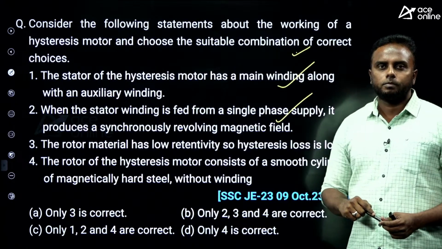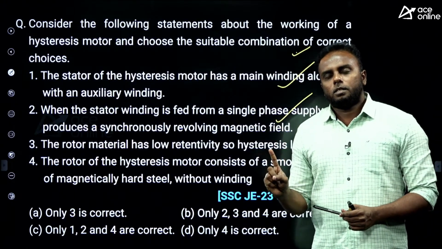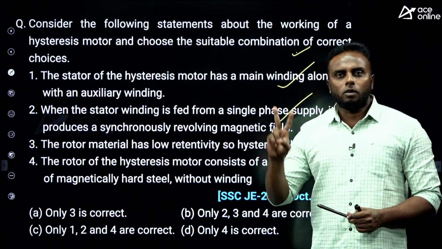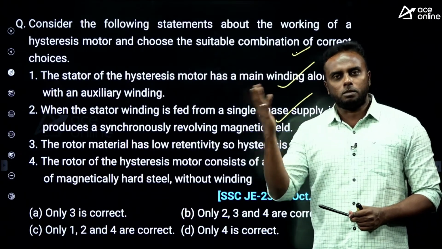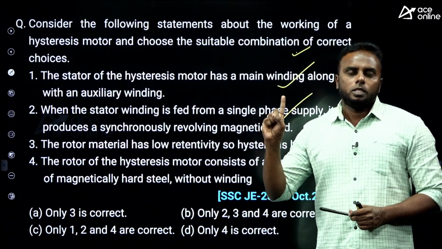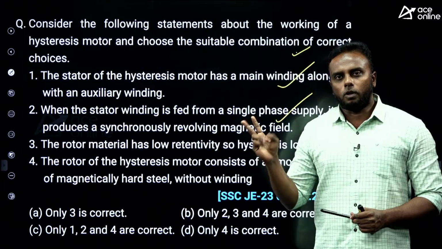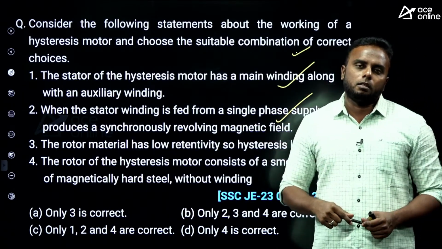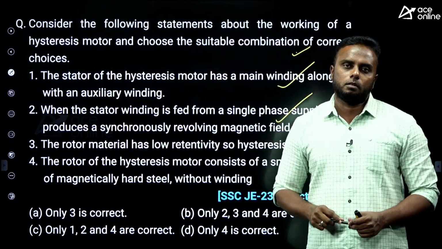Stator is same. Next, when the stator winding is fed from single phase supply, it produces a synchronously revolving magnetic field. Yes. A single winding induction motor cannot produce a proper rotating magnetic field. It develops two fields, one forward and one backward. I am talking about a single phase induction motor with single winding. Due to the two fields, forward and backward, the net torque at starting is zero. That's why it is unable to start.